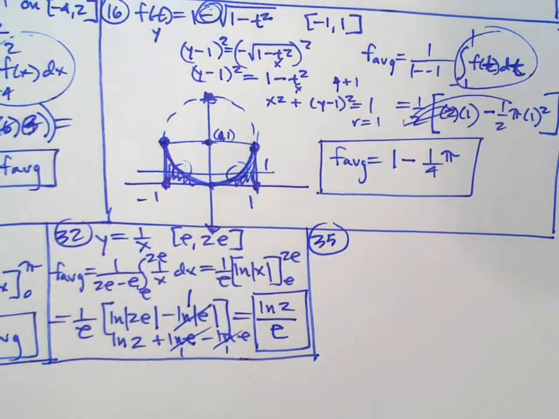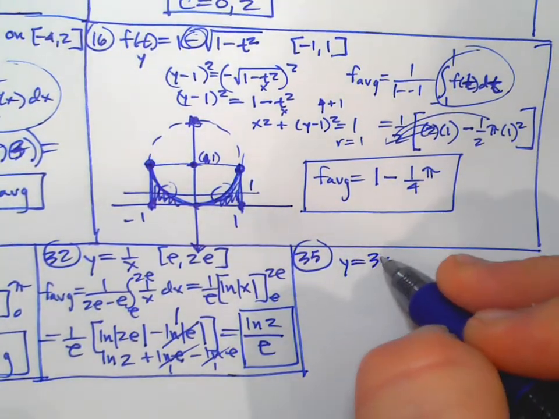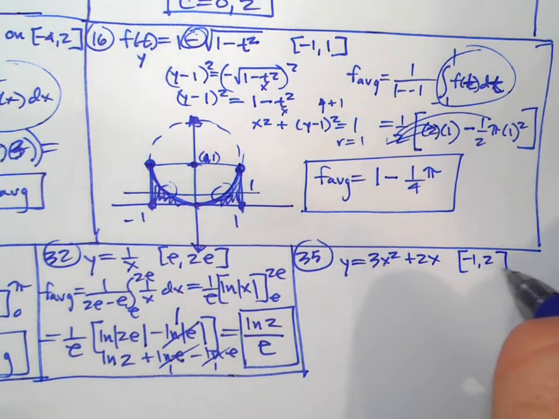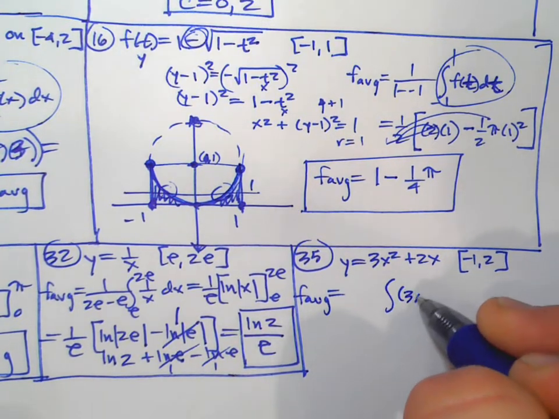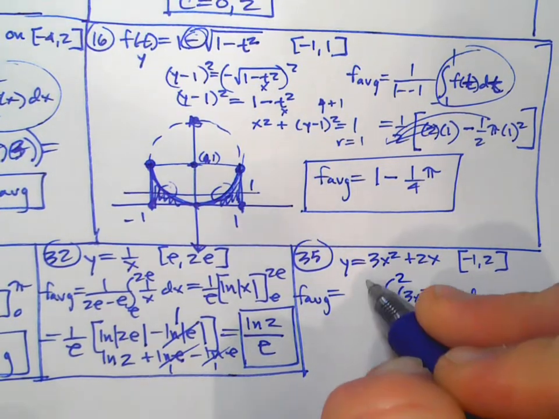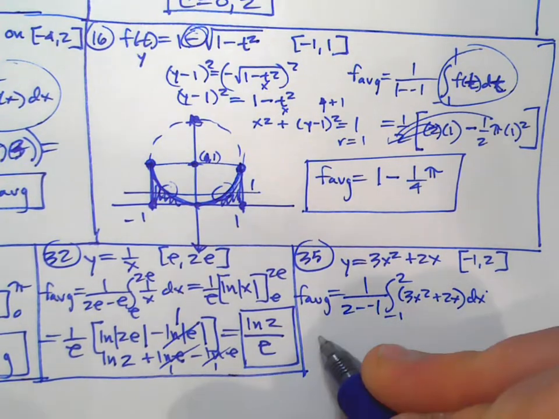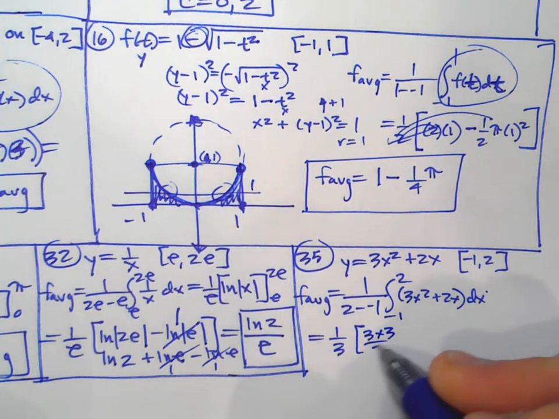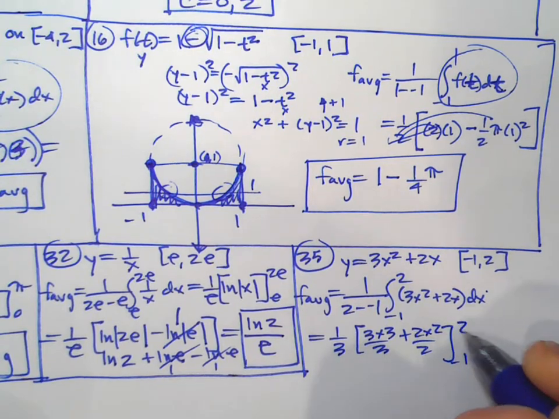Okay. 35, one more of these. y equals 3x squared plus 2x on the interval -1 to 2. f average equals the integral of 3x squared plus 2x dx from -1 to 2 divided by 2 minus -1. So that's going to be 1/3, antiderivative is 3x cubed over 3 plus 2x squared over 2, from -1 to 2.